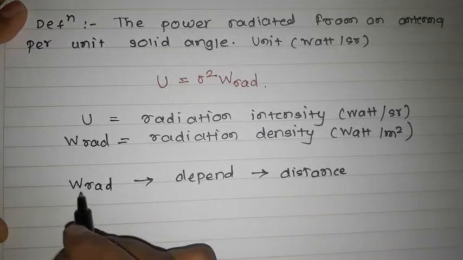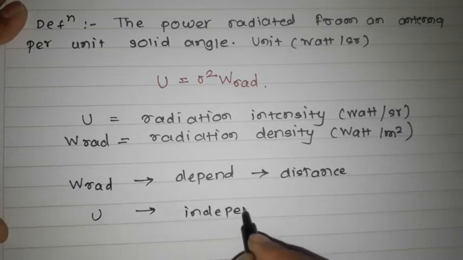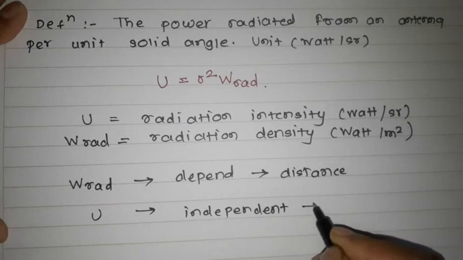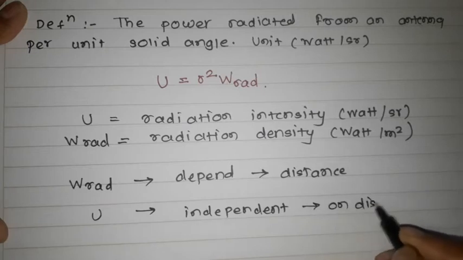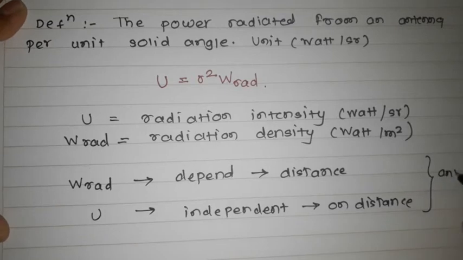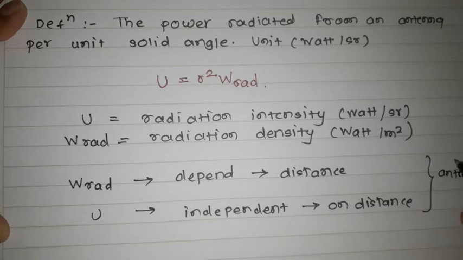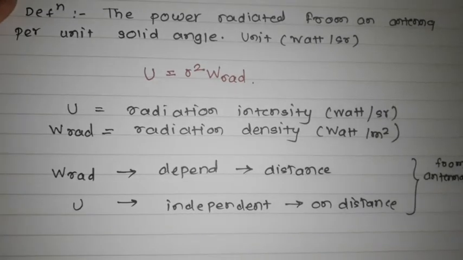But when you talk about the intensity, it is independent of the distance from the antenna. So this is all about the radiation density and the radiation intensity.